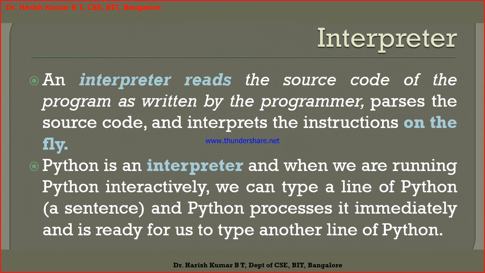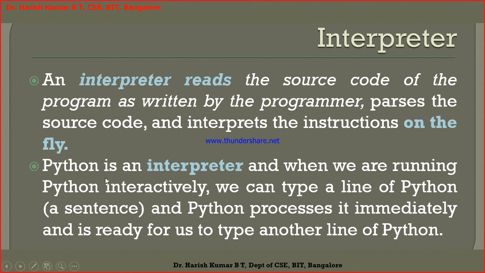What an interpreter does, it takes each line of the source code written by the programmer and parses the source code, interprets the instructions on the fly. That means it is not going to interpret all the lines at once and produce a totally machine representation of the code. What it does, on the fly, it takes each statement or the instruction from the program, interprets it and produces the output.